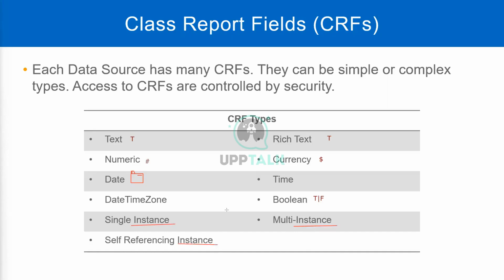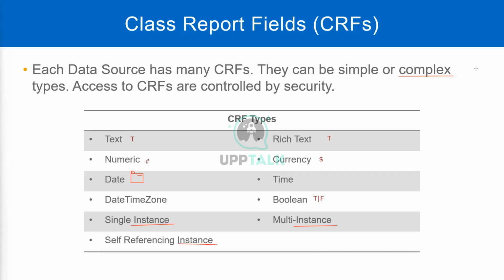These three types of fields are complex fields. They do not contain any data themselves, but they are pointers to other places, to other data. They are links to other data.